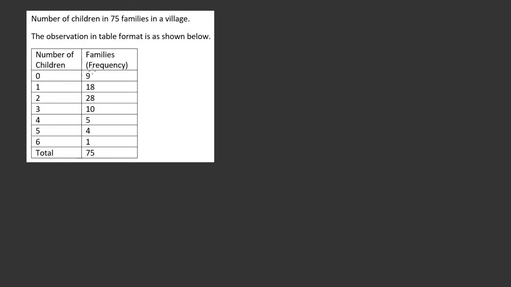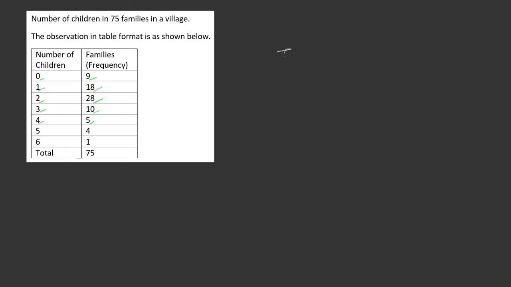This data shows that 9 families have 0 children, 8 families have 1 child, 28 families have 2 children, 10 families have 3 children, 5 families have 4 children, and like that. What is the mean here? Mean is the average number of children in a family.